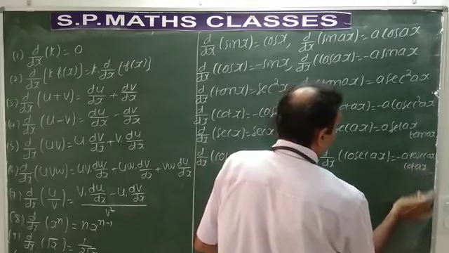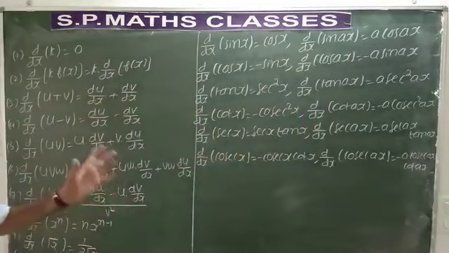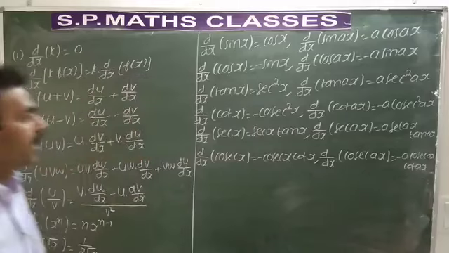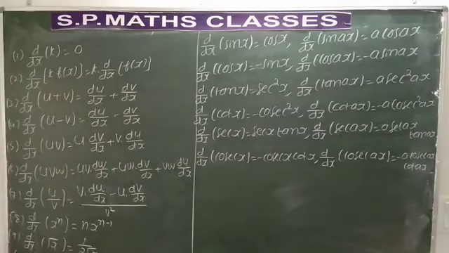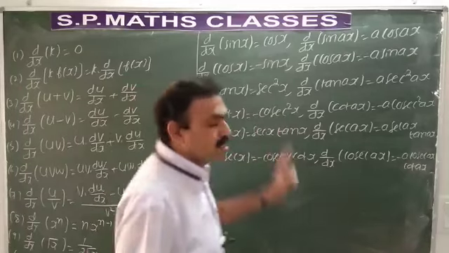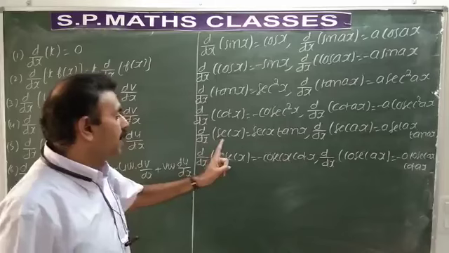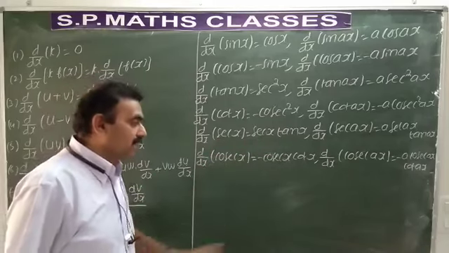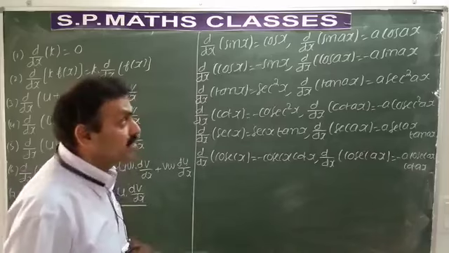This is the formula. So, six trigonometric functions: d by dx of sin x is cos x, d by dx of cos x is minus sin x, d by dx of tan x is secant squared x, d by dx of cot x is minus cosec squared x, d by dx of secant x is secant x into tan x, d by dx of cosec x is minus cosec x into cot x.